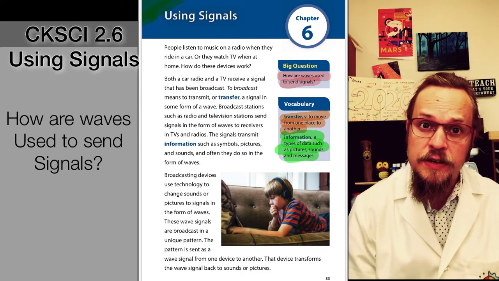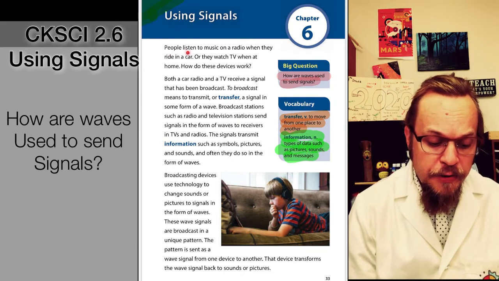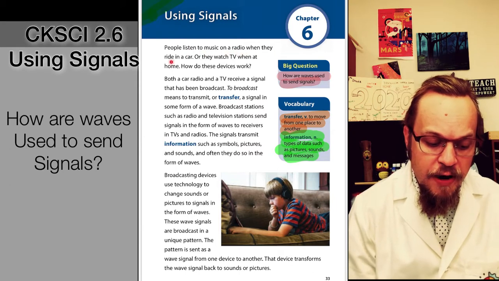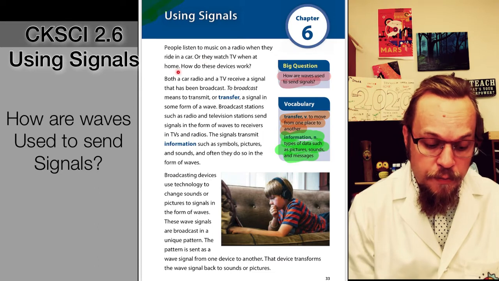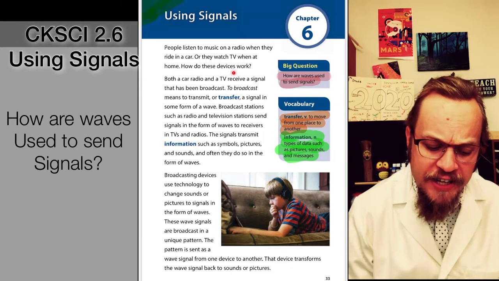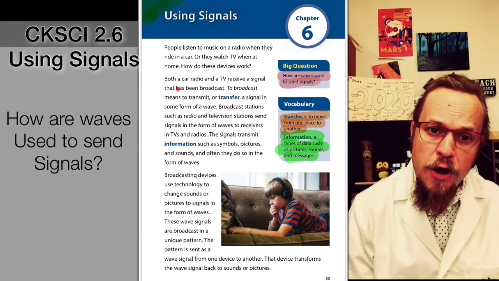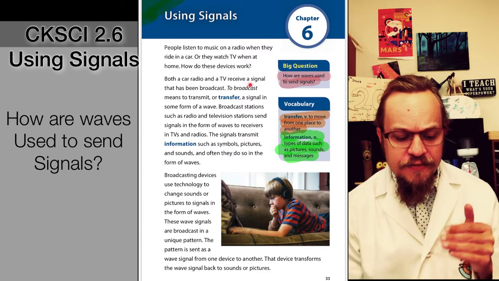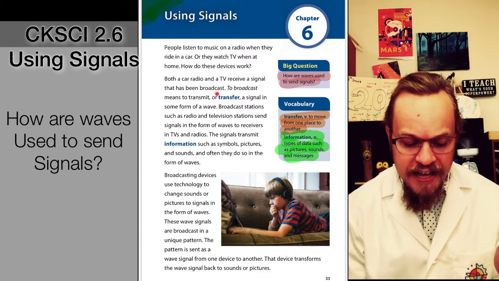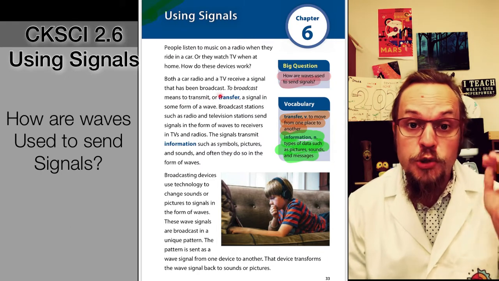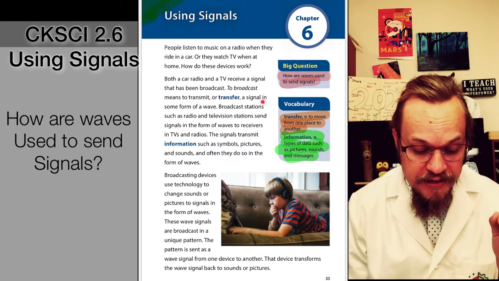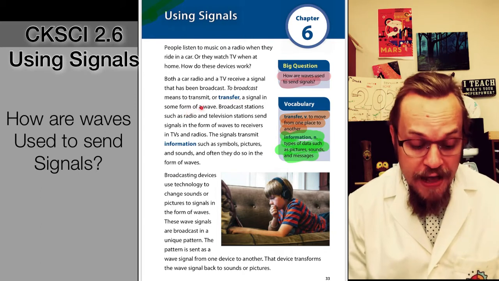People listen to music on a radio when they ride in a car, or they watch TV when they're at home. But how do these devices work? Both a car radio and a TV receive a signal that has been broadcast. To broadcast means to transmit or transfer a signal in some form of a wave.